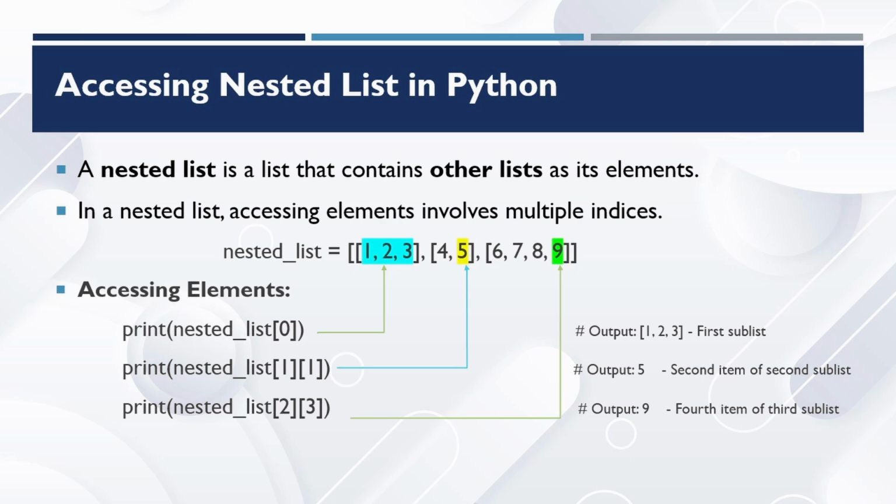Now, nested_list[2][3] gives us the fourth item in the third sublist, which is 9. Using this approach, we can easily access and manipulate elements inside nested lists.